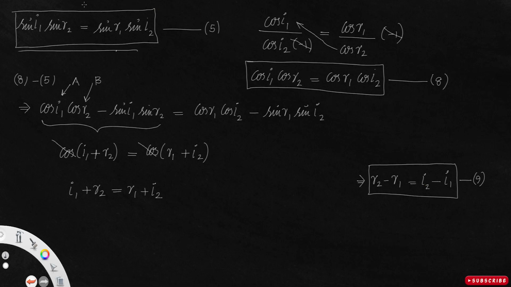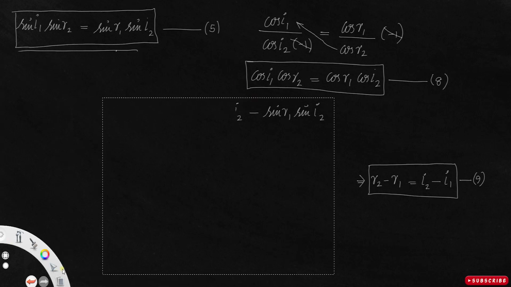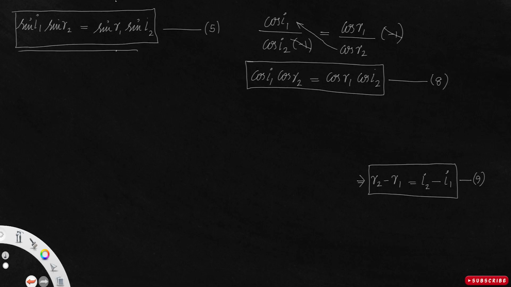Clear? Now what I am doing is I am just adding equation 8 and 5. If you add equation 8 plus equation 5, what you get? So cos I1 cos R2 plus sin I1 sin R2 will be equal to cos R1 cos I2 plus sin R1 sin I2.